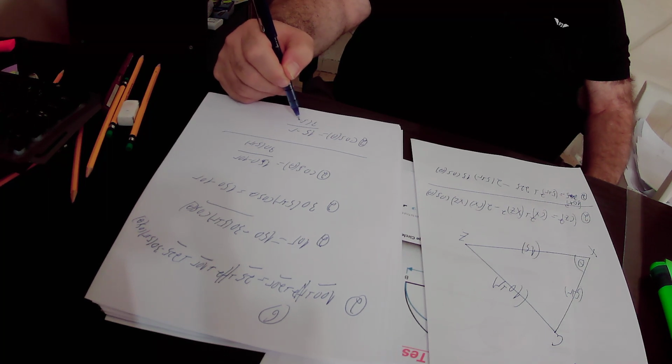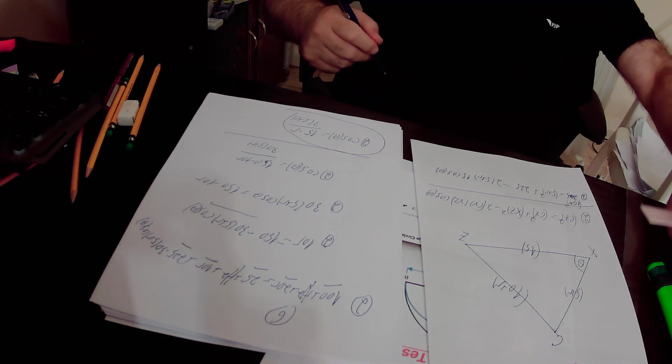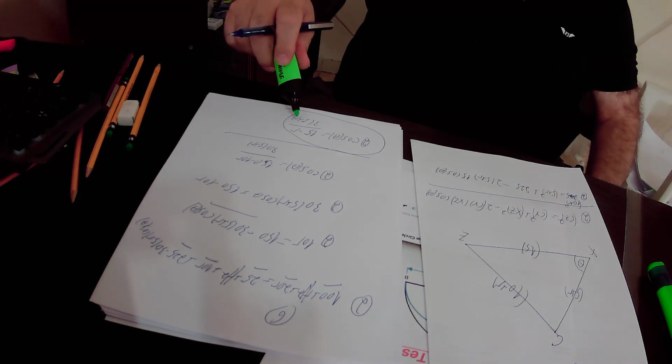So in conclusion, according to equation number 2, cosine theta equals (15 minus r) over 3 times (5 plus r).